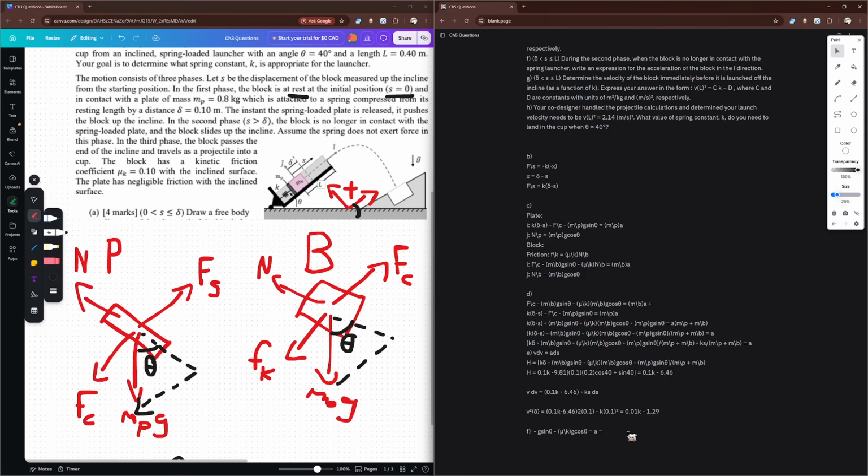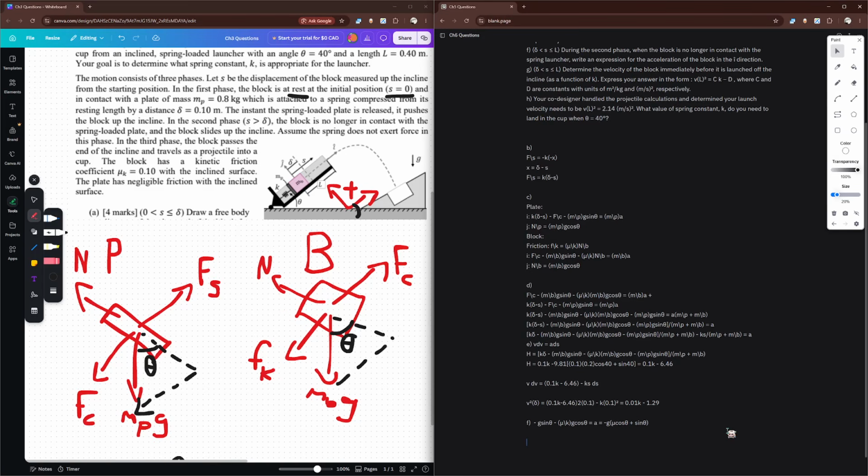So to simplify this, it's negative G of mu, and I'm going to get rid of the K, mu cos theta plus sine theta. And there you go. That is an acceleration expression. So we're just taking the last formula and getting rid of the contact force. Nice and easy.